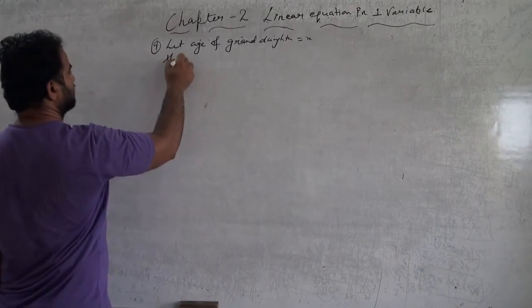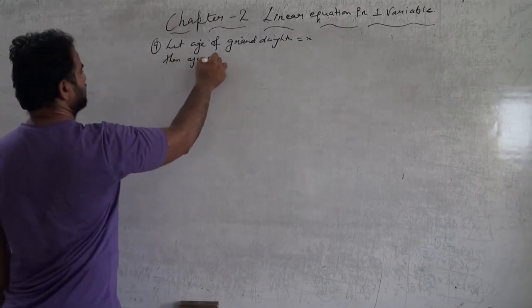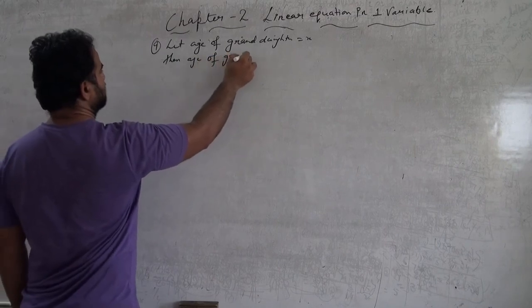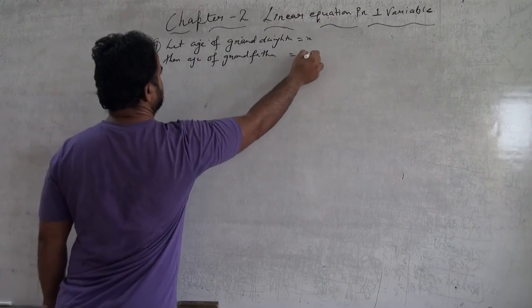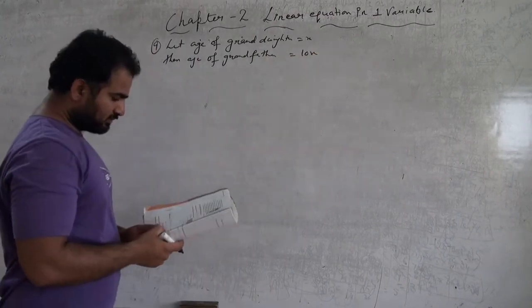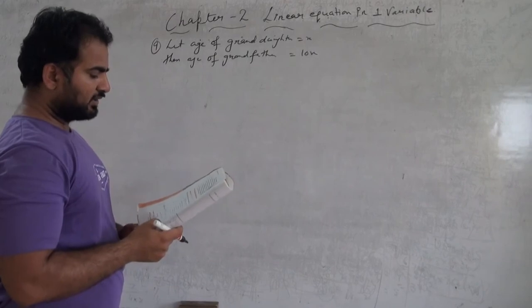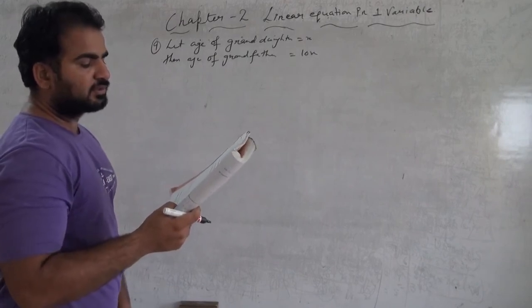Then the age of grandfather equals 10x, because he was 10 times. He is 54 years older than her.